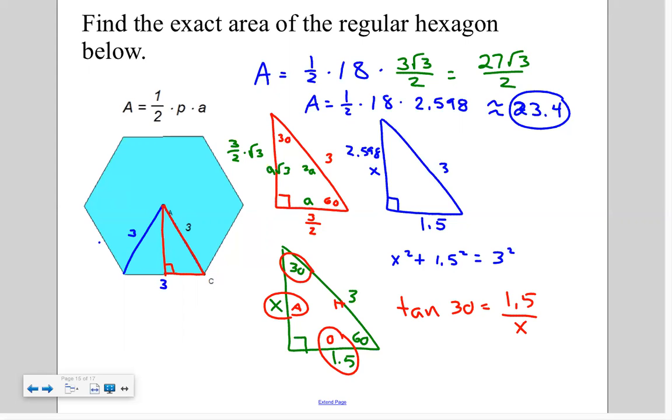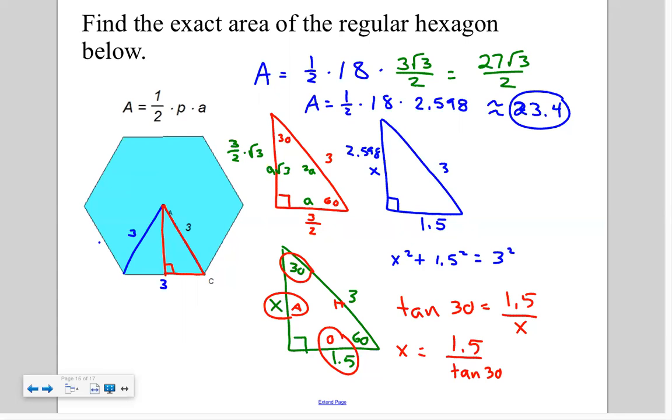X equals 1.5 over tangent of 30. So 1.5 divided by tangent of 30 is 2.598076. Wait a second, that's the same number I got here. It should be. We're solving for the same length.